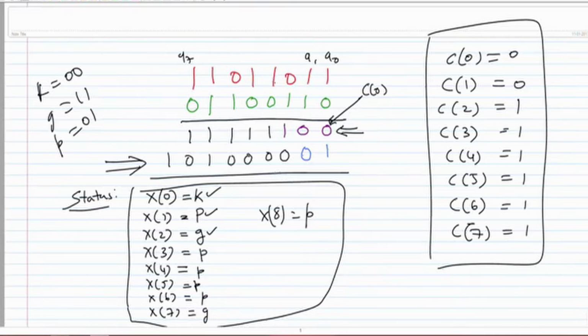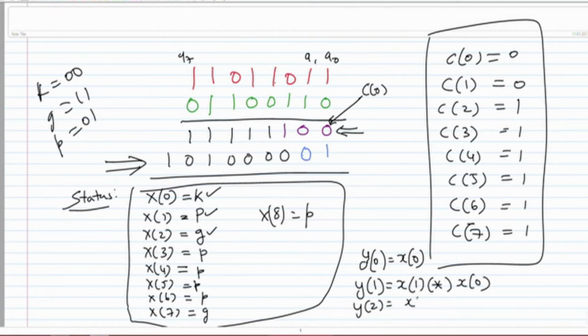Okay. Now what we do here is, let us compute these y values. So y0 is x0, y1 is equal to x1 star x0, y2 is nothing but x2 star x1 star x0 and so on, right.